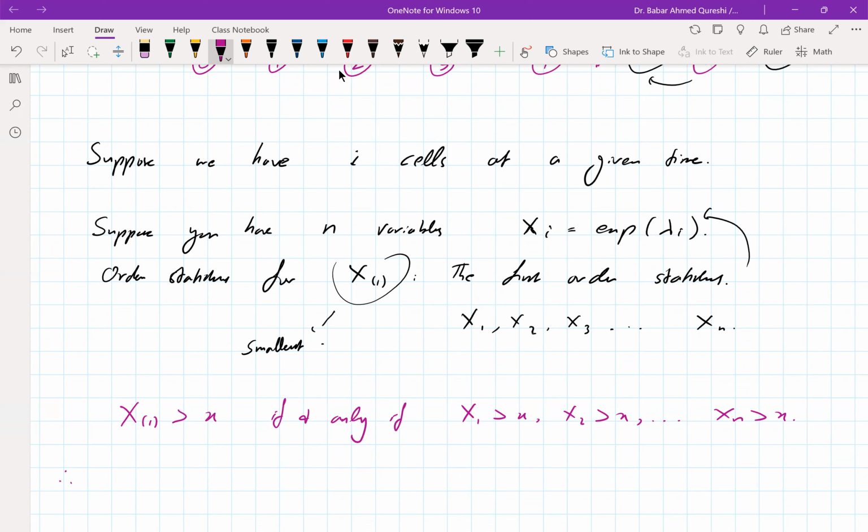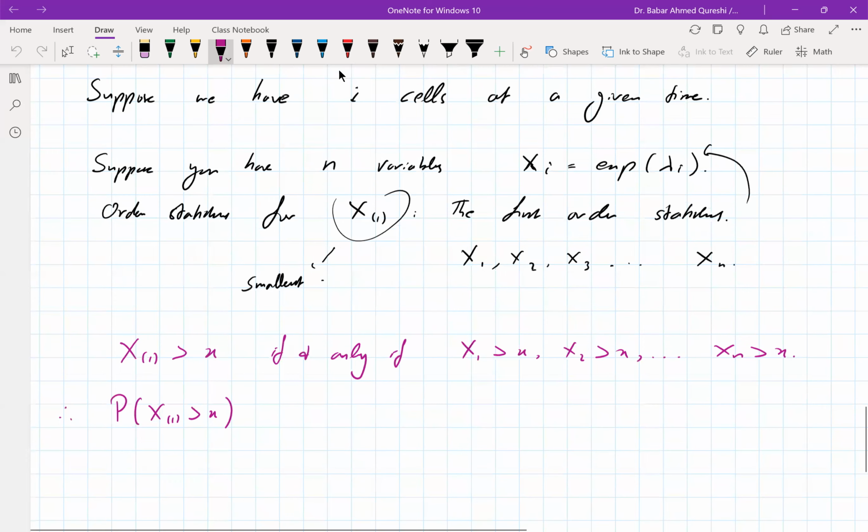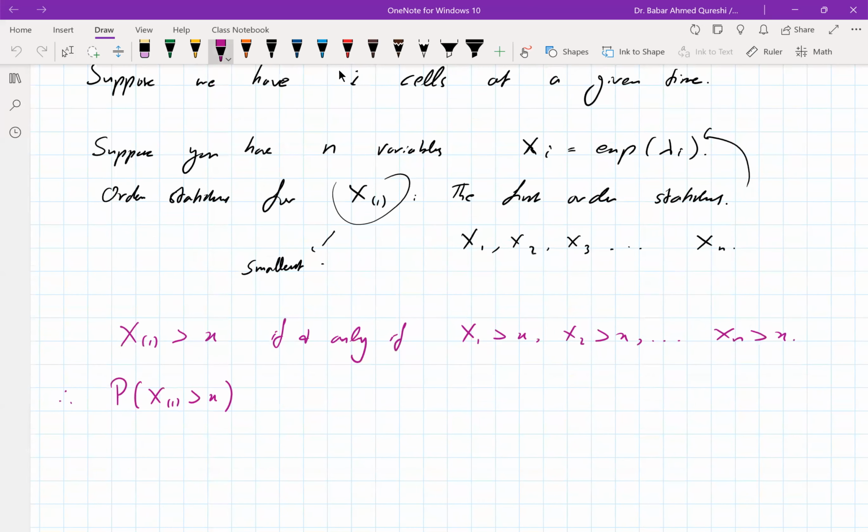Therefore, the probability that the smallest of them is greater than x is equal to the probability of x1 greater than x and x2 greater than x and so on, all of them greater than x.